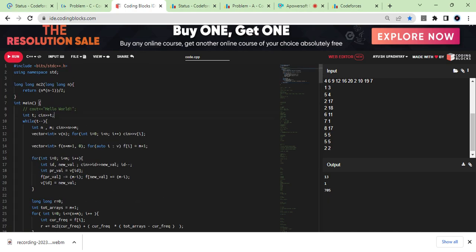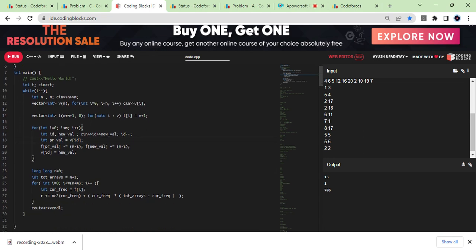And then whenever a new element comes in, you say that okay, this frequency is now breaking, so you just decrease this frequency by m minus I, and then increase the frequency of the new element by m minus I, saying that after this point in the chain, this new value will be going on forever. But then whenever the change comes again, you end that chain of that value and you start another chain, and obviously change the v of id to change your previous value every time.